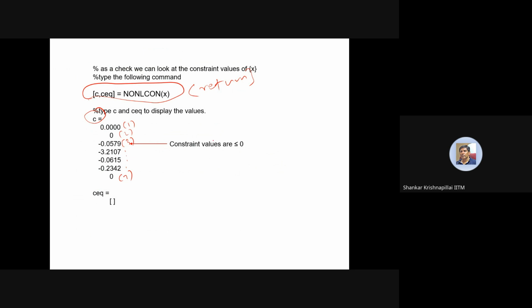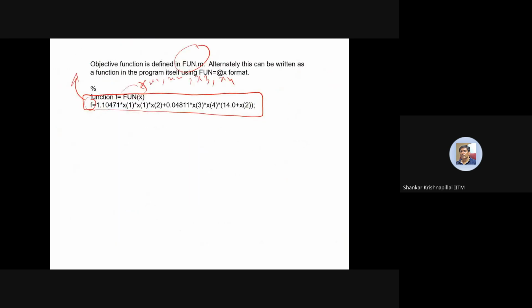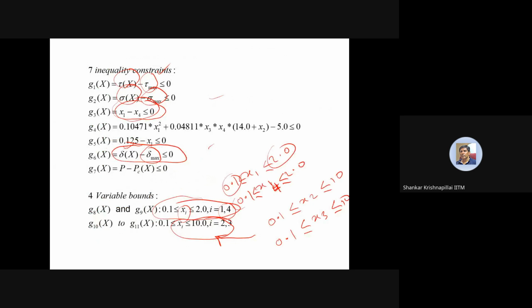So you can see that all the constraint values are less than or equal to 0. Is it less than or equal to 0 or greater than or equal to 0? Let us look at this.